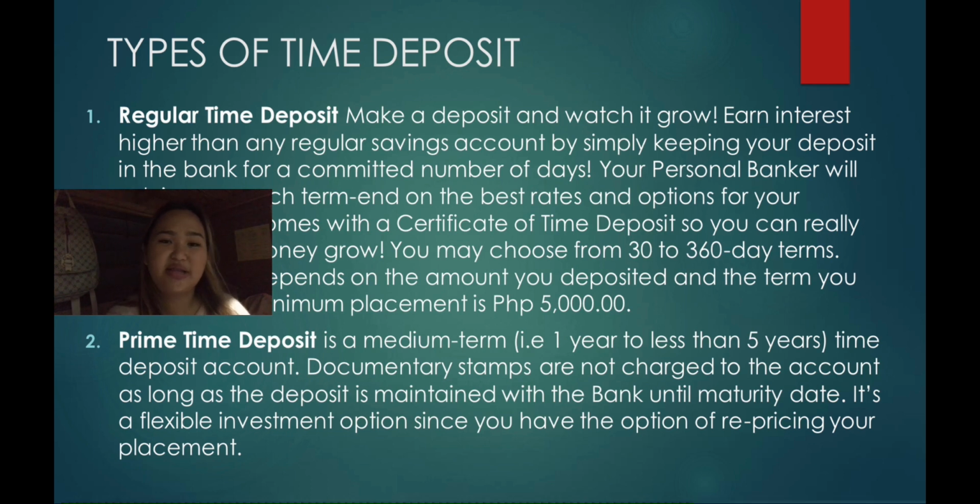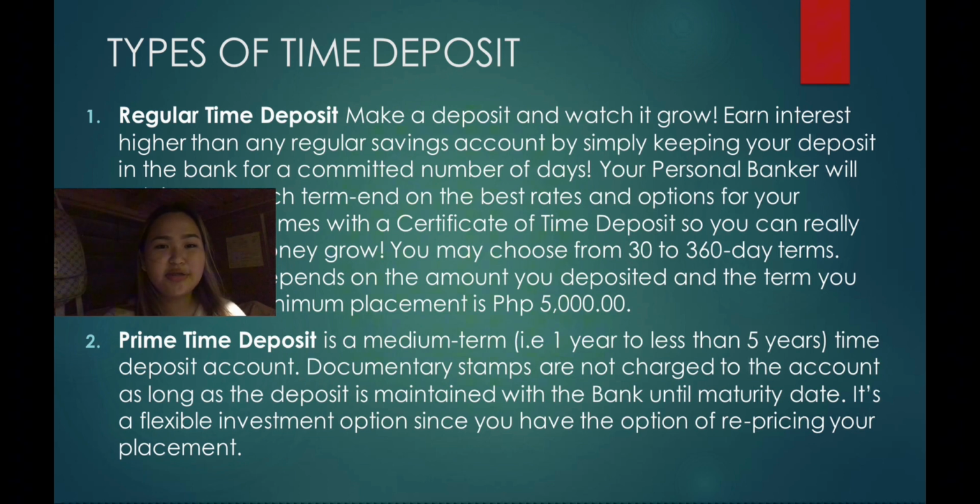So for example, let's say nag-offer ang isa ka bangko og prime time deposit with the following terms, or termino. For example, ang pinakaubos na deposit is 10,000 pesos and the term is 1 year. So, ang interest rate sa bangko, for example, ibutang na nato sa mga around 2.5%.